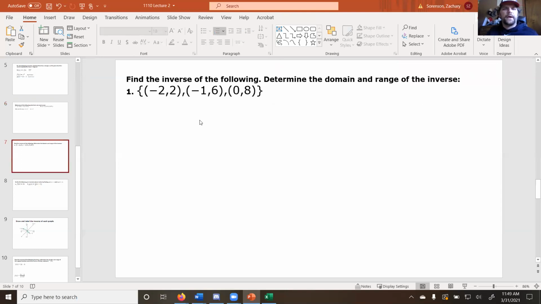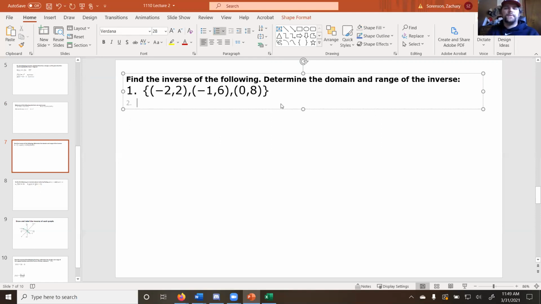So if we're thinking about inverses as far as numbers go, here, if I'm looking at a function, I know if my input's -2, I get a result of 2. If my input is -1, I get a result of 6. If my input is 0, I get a result of 8. So if I want to find the inverse of this list, I just flip everything. Because an inverse is, now I'm starting with the output. What was my actual input?